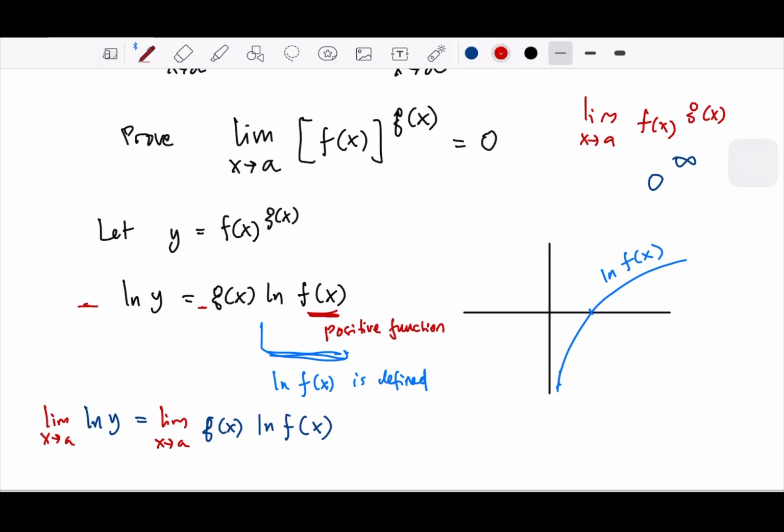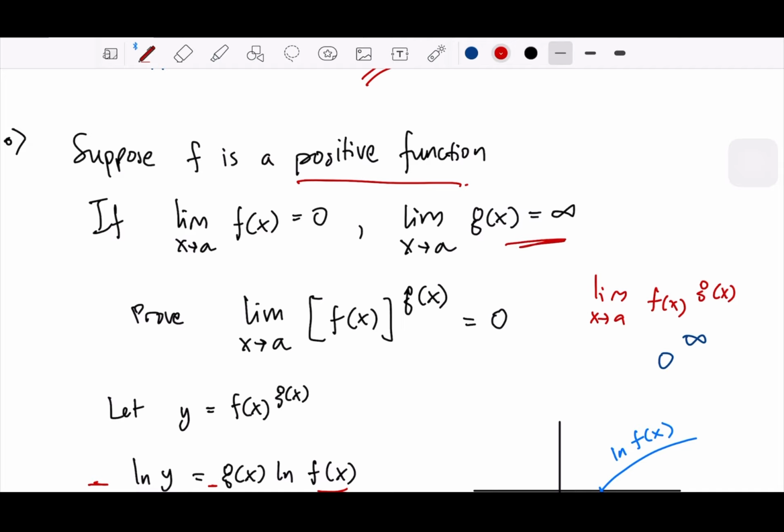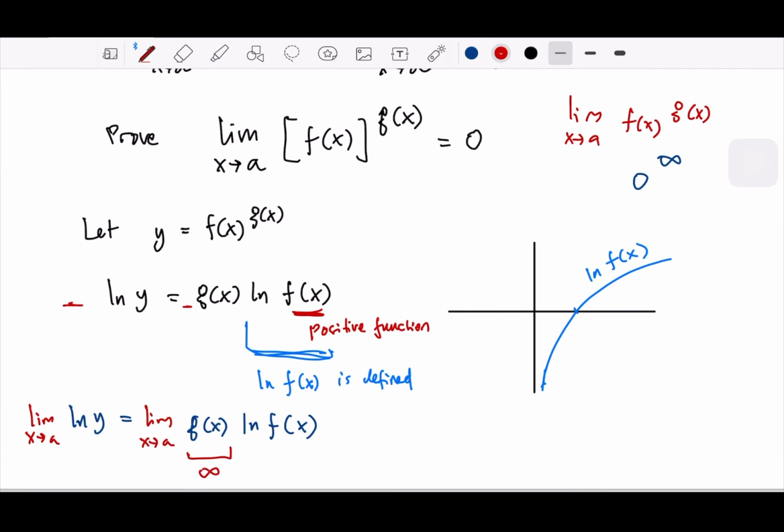For the limit of g, as mentioned in the statement, it's going to infinity.